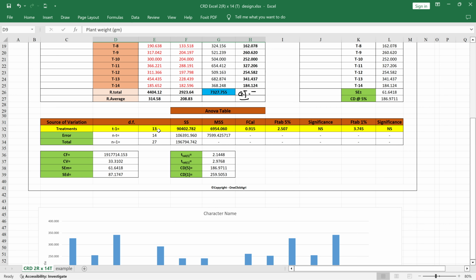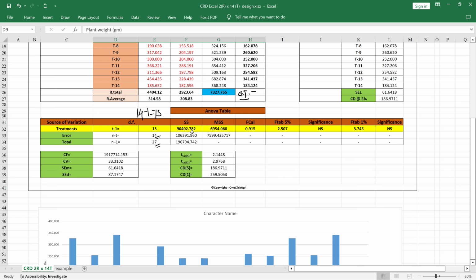For treatment it's 13 because we consider 14 treatments, so 14 minus 1 is equal to 13. Then n is the total number of observations. Then error is n minus t, which is 14, then total is n minus 1, which is 27.